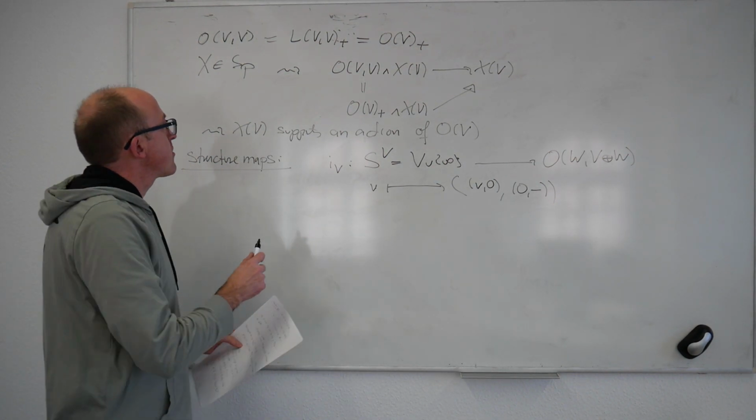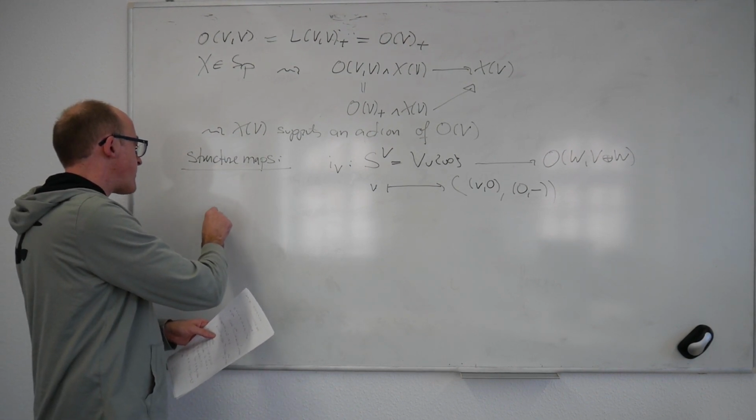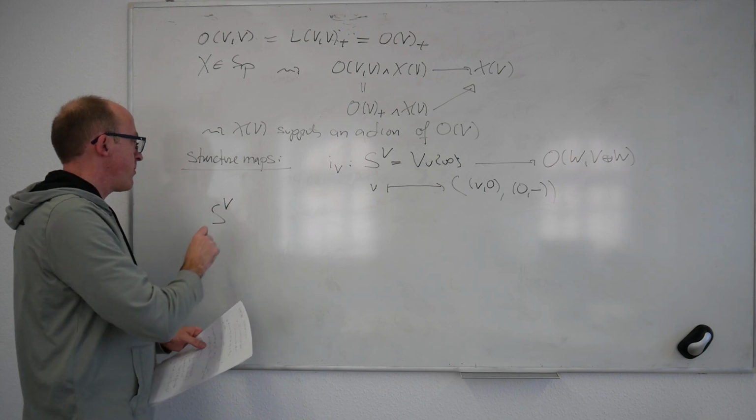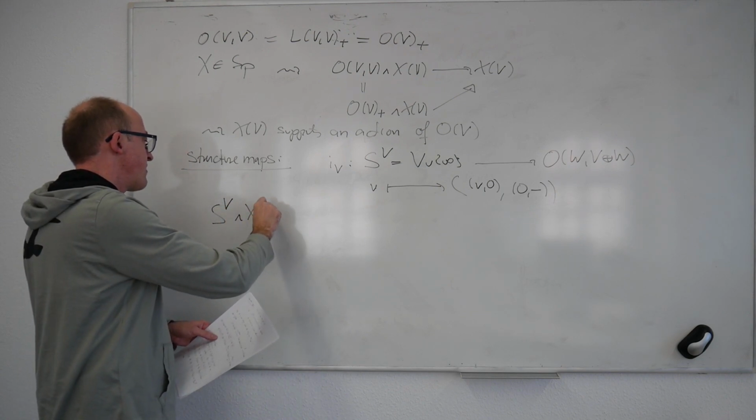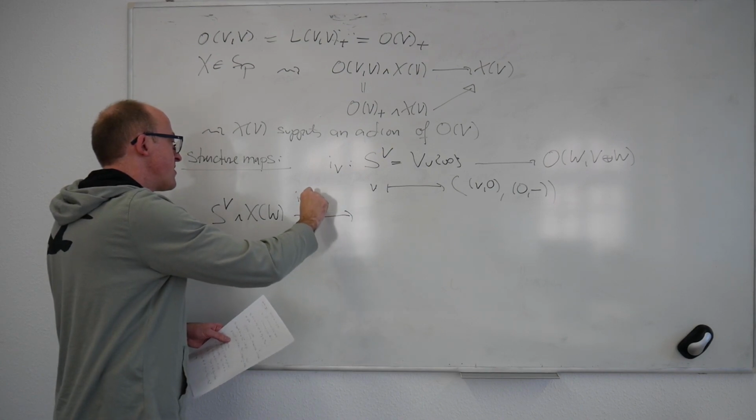So now, if X is an orthogonal spectrum, I can use this data to produce the following map. I start with the one-point compactification, smash the value at W. I use this map I_V, smash it with the identity.